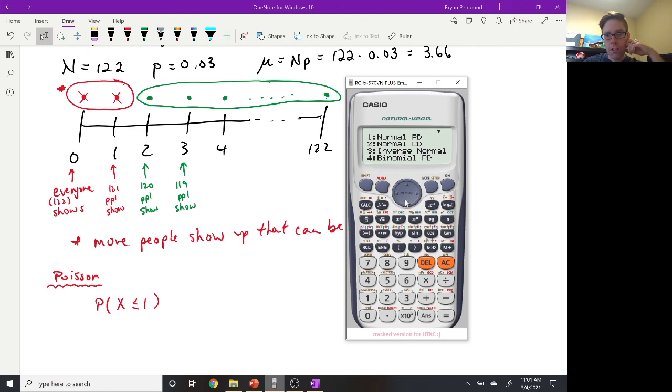So I'm going to go down into the Poisson CD, which is number 3, and into var. We want x to be 1. We want 1 or fewer people to show. Our mu value, I think we said, was 3.66. Then we hit the equal sign, and bada boom, we have our probability that this happens. So there's about an 11.99% chance that more people are going to show up than can be carried.